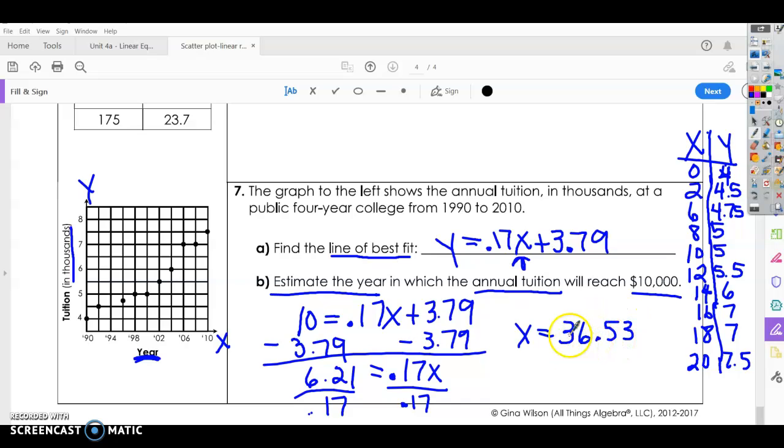So what does that mean in years? So we have to estimate the year. So we're going to look at about 37 years past 1990. All right, because this starts in 1990. So 1990 plus 10 is 2000, and then 27. So 2027. So tuition would reach $10,000 around the year 2027.